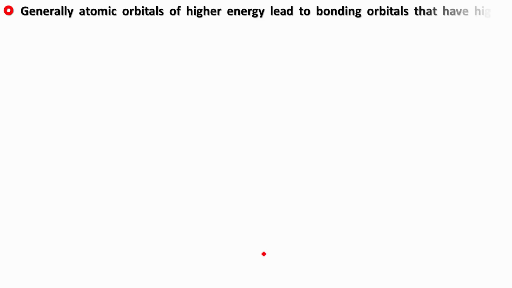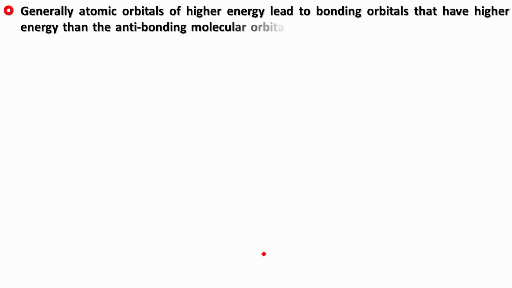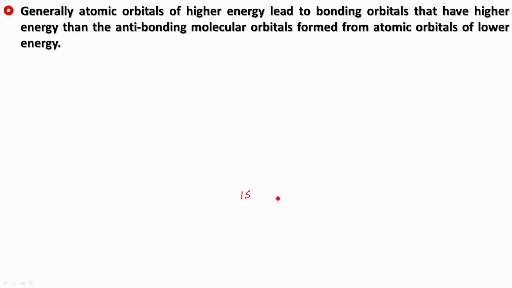So the next point is that generally atomic orbitals of higher energy lead to bonding orbitals that have higher energy than the anti-bonding molecular orbitals from the orbitals of lower energy. That means if I have a 1s, it will have bonding, anti-bonding.